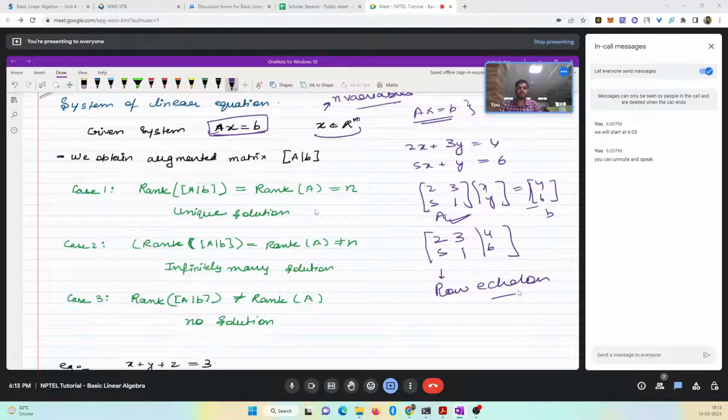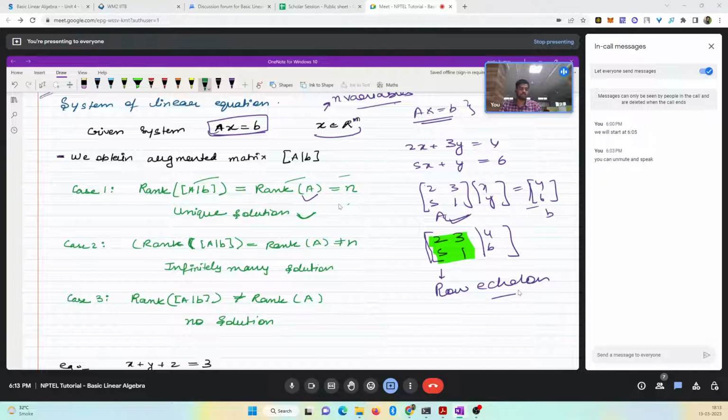Now, if the rank of your augmented matrix, that is the combined matrix, is the same as the rank of the A matrix, that is just this portion, and both of them are equal to n, then your system has a unique solution.